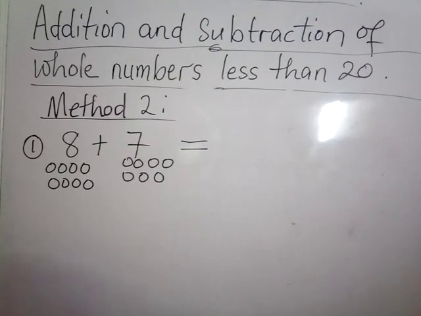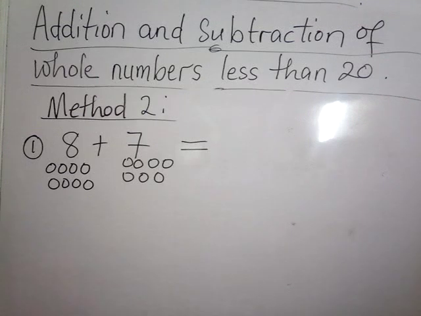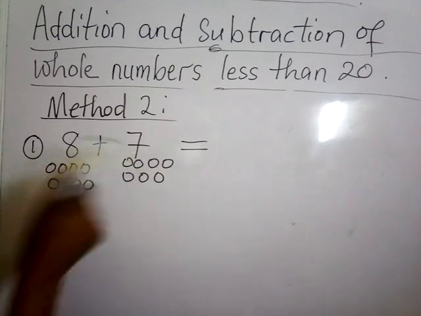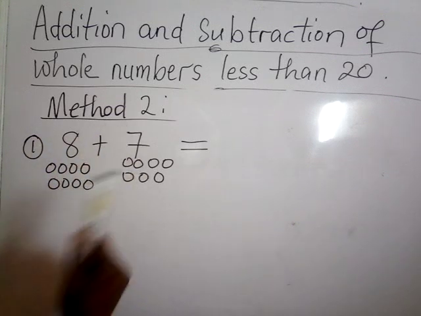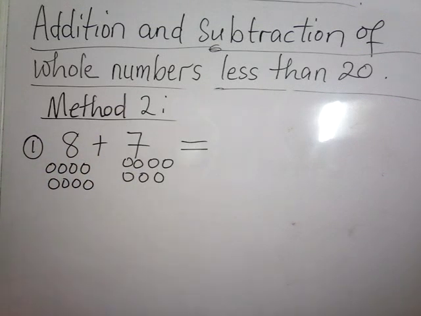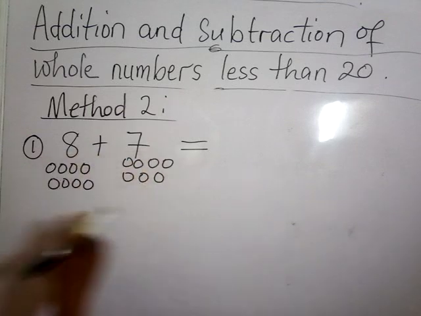Alright, so let's quickly look at the second method, which is not so new. Here we're asked to add 8 and 7 together. 8 plus 7. So what do? You can just count your 8 units, count your 7 units, and then you add everything together.